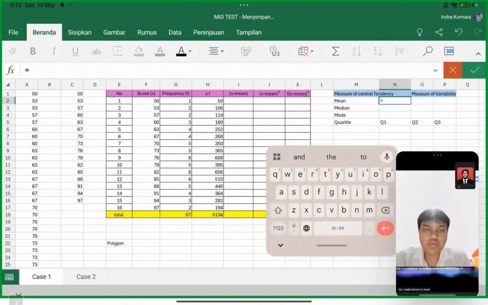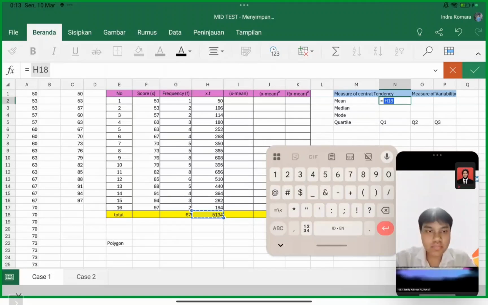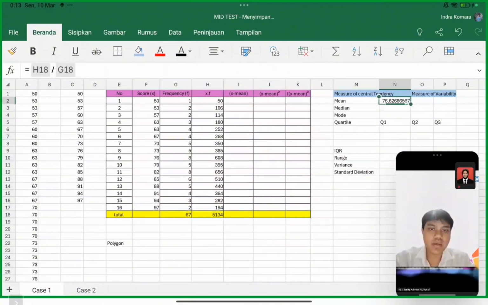The mean is the x times f divided by, or slash, the frequency, and yeah, here's the mean. So we have the mean already now.